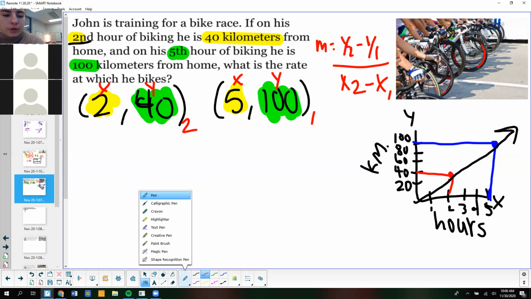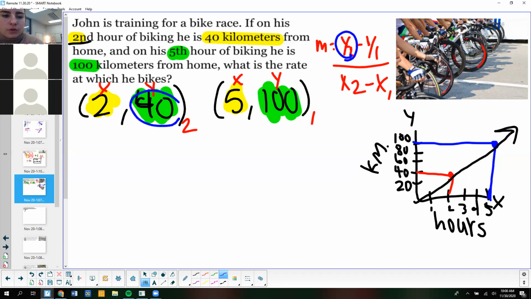So I'm going to set this up. The first step is to find my y2 value, which is the y value on my second point.